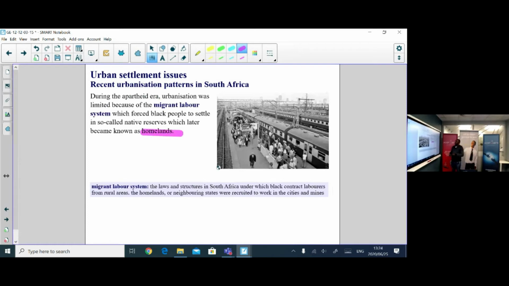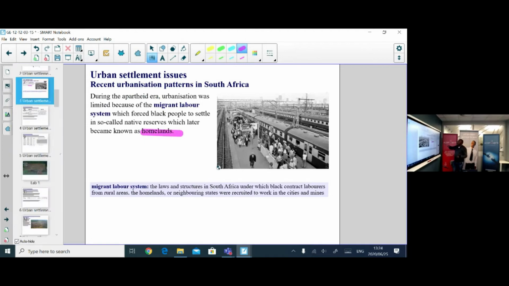People were not allowed to just move freely because of the migrant labor system. You would only move around in the cities if you had a pass and you were employed at a certain place. That made it very difficult for Black people to simply migrate to the cities.